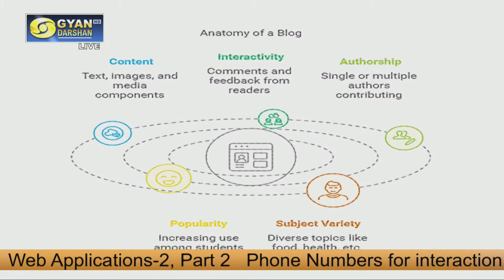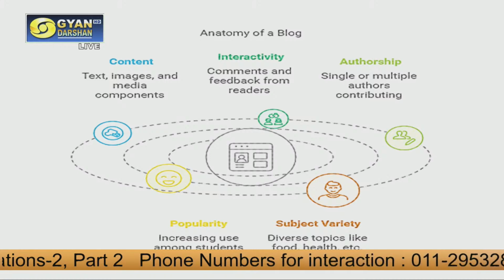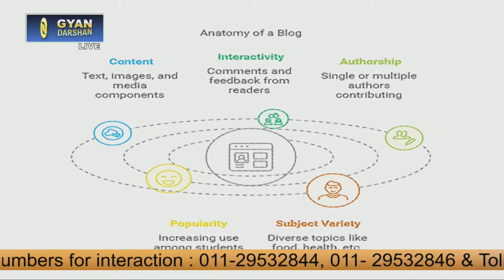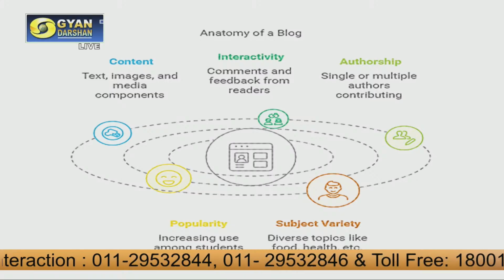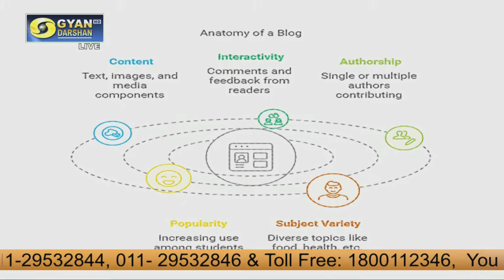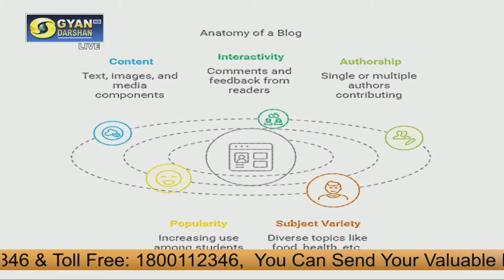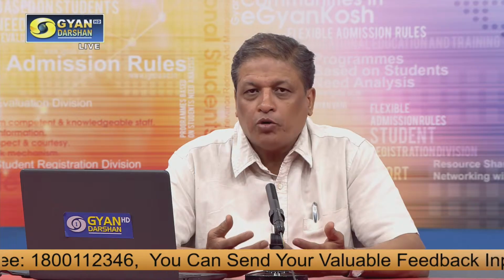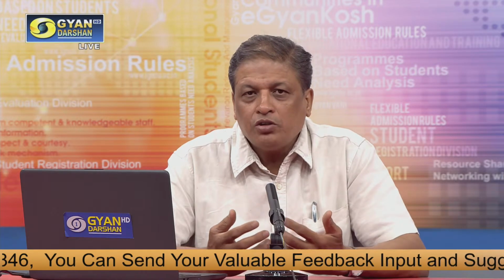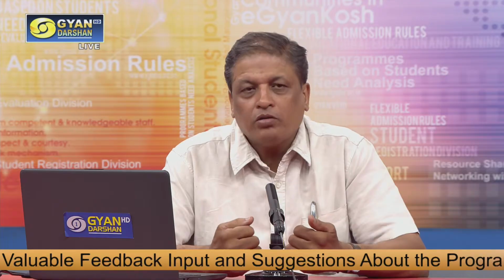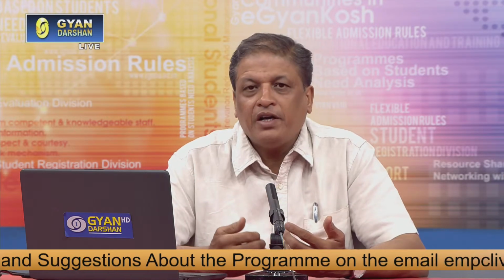That means you can take diverse topics, be it related to food or health or economics or security or whatever. And you need to increase the popularity of your blog. There are different ways and means to enhance the popularity of your blog. So these components are related to the anatomy of your blog: the content, interactivity, authorship, subject variety, and the popularity.